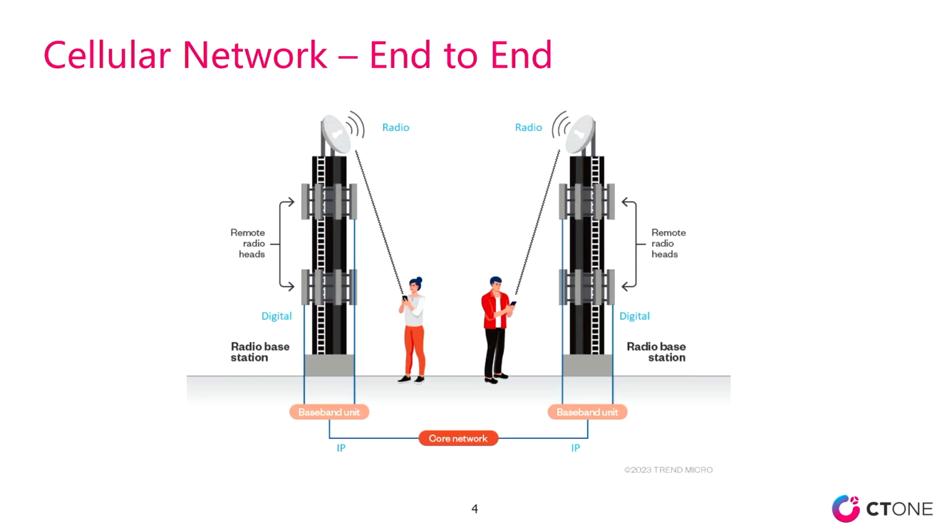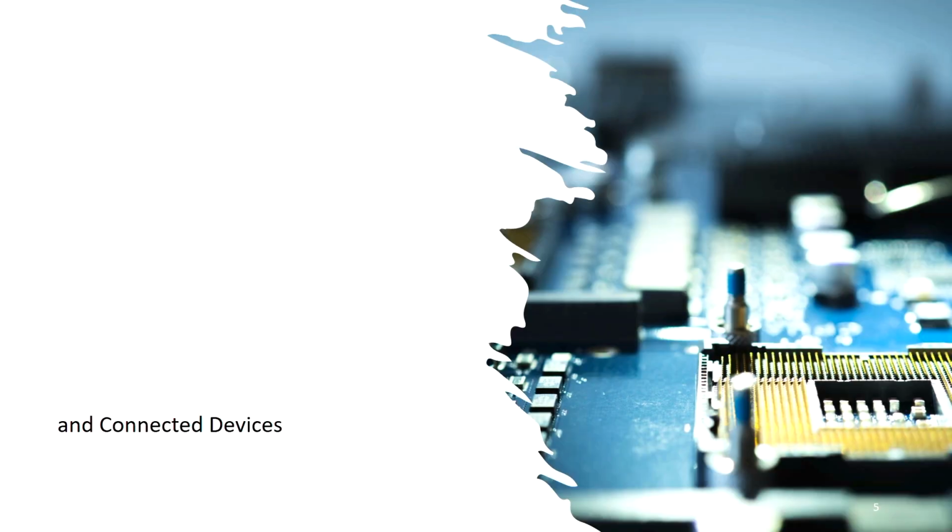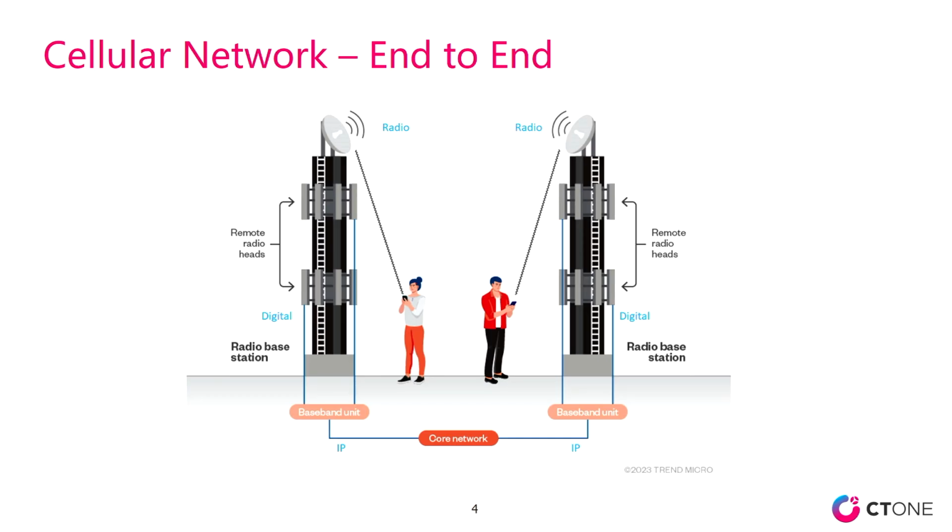Let's start with the cellular network end-to-end architecture. When we are in the range of a cell tower, our cell phone will connect to the antenna of the cell tower with radio waves.